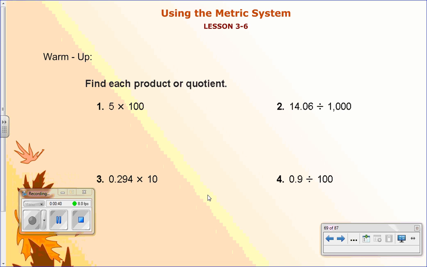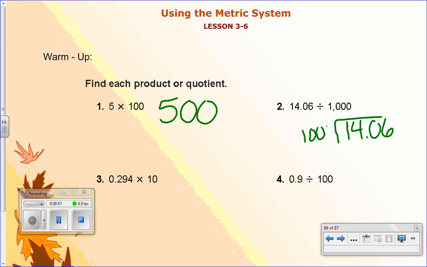All right, I know I have 5 times 100. Well, 5 times 1 is 5. Add 2 zeros. Here I have 14 and 600ths divided by 1,000. Well, if you divide by 1,000, really, I could divide this out if I wanted to. And then, well, 1,000 goes into that once.